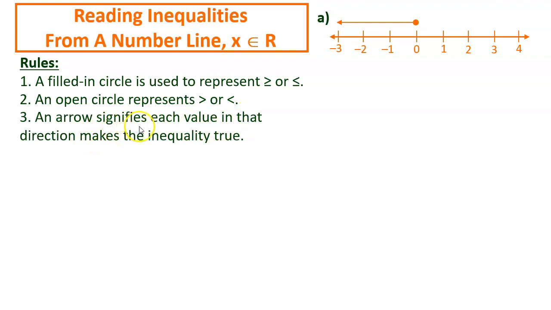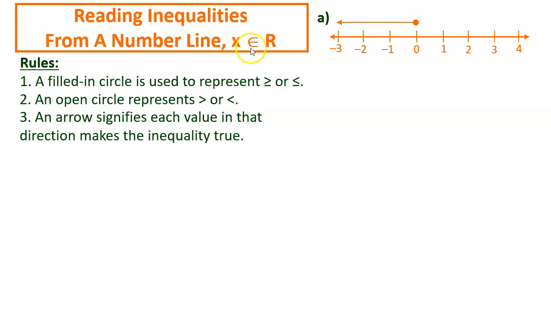An arrow signifies each value in that direction makes the inequality true. This is the arrow. It is pointing towards the left. So it means every point which is lying towards the left of this point 0, on which this solid or filled-in circle is marked, will be included in the solution set of this variable x.